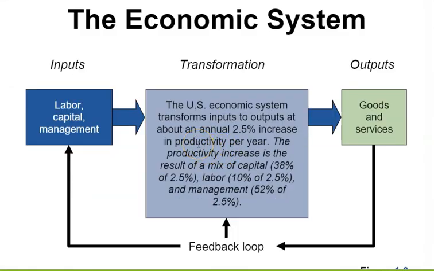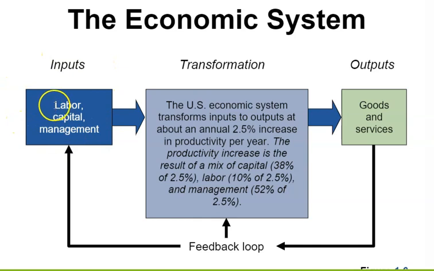So by looking at an economic system, you can see that the economic system of a country, and this is a very basic model, we have a transformation or process here, and we always have some inputs.